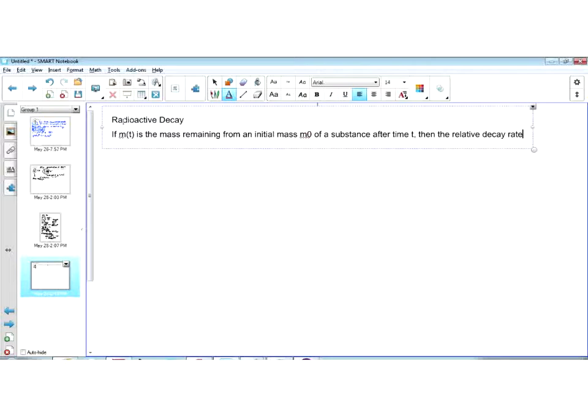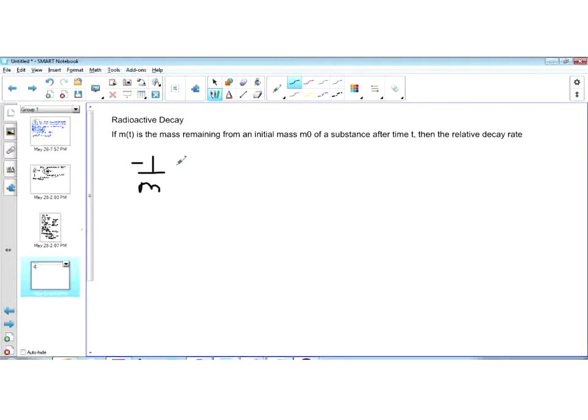We have a formula. It's defined as this formula, so I'll write it here. It would be minus 1 over m times the change in mass with respect to time. It, of course, must equal a constant.